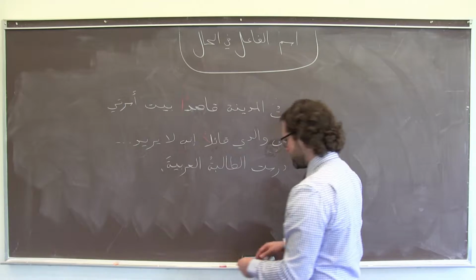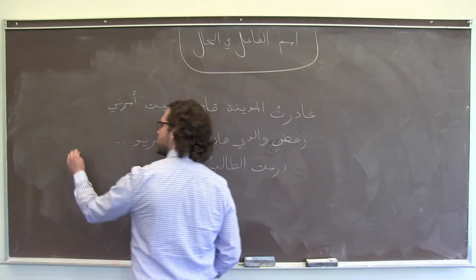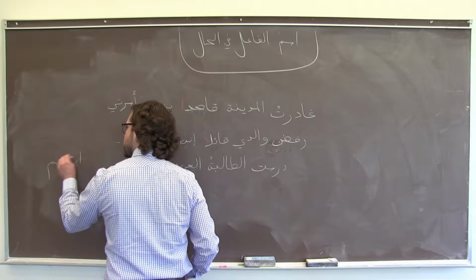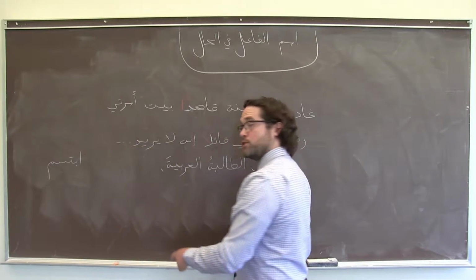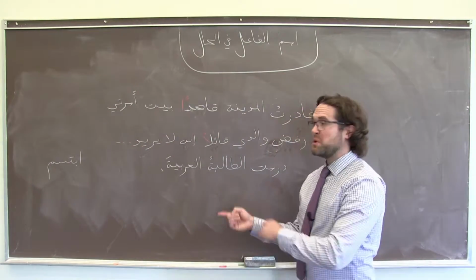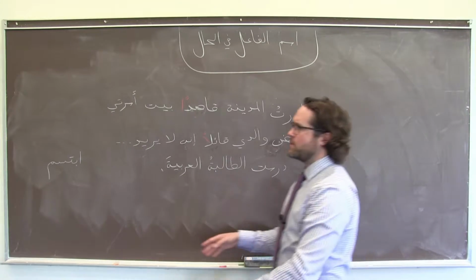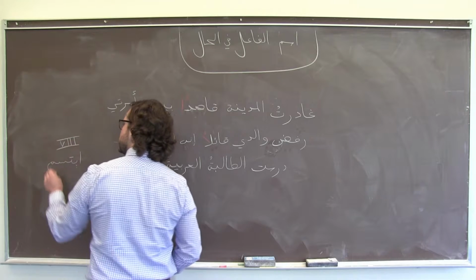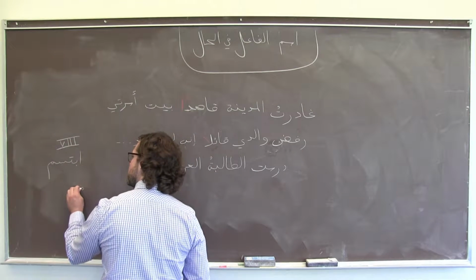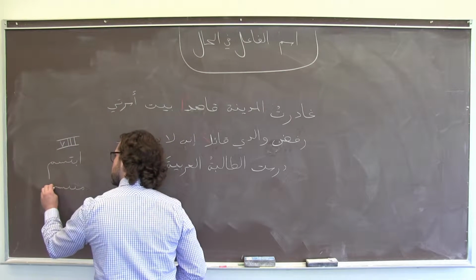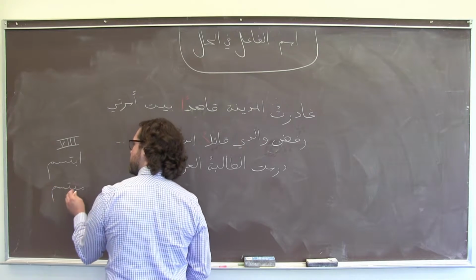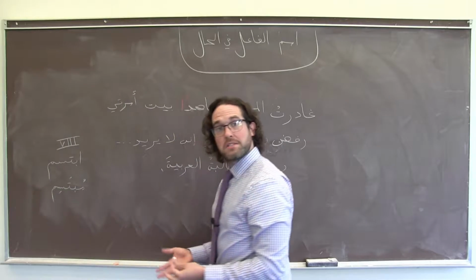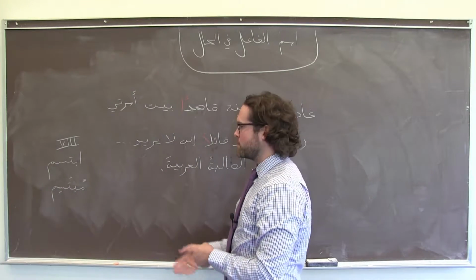Now I need to take the verb for smile in Arabic, ابتسم, and turn it into an ism fa'il. I could go check out a chart, figure out that ابتسم is a form 8 verb, and then put it into the form 8 ism fa'il pattern, مبتسم. I just have that memorized, and hopefully, inshallah, you will too someday.